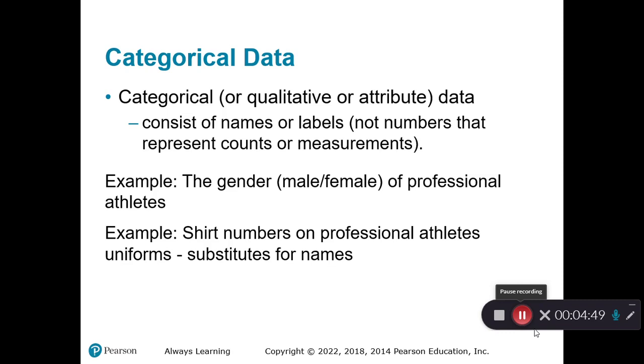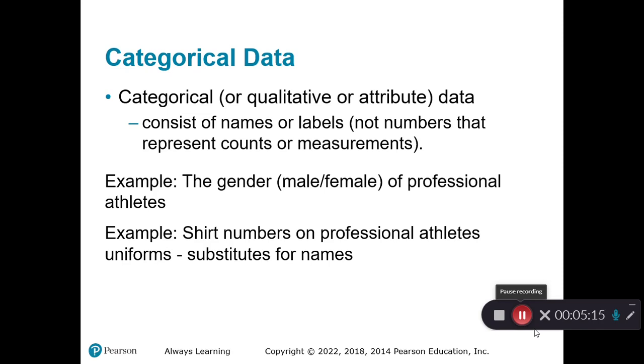We're talking about these buckets that data can fall into. So think of categorical data as referring to labels. And yes, labels can actually look like numbers, but if those numbers are acting like labels and not as counts or measurements, they would still fall under this categorical data classification.